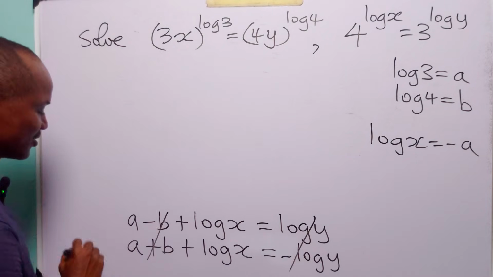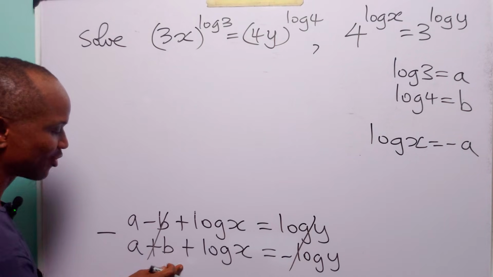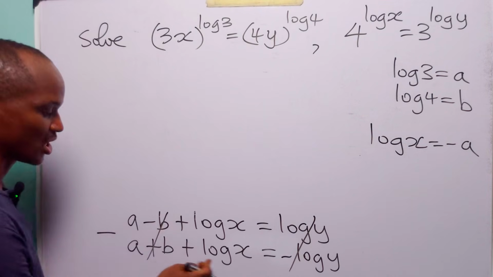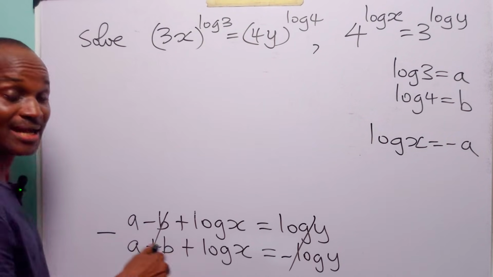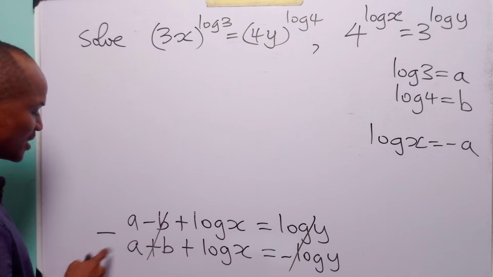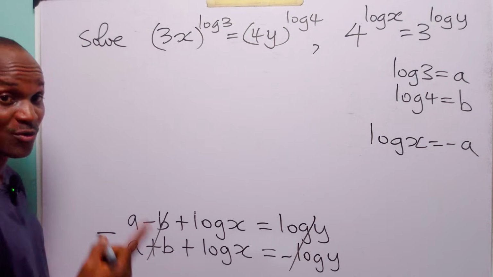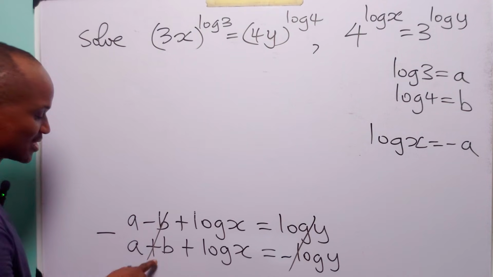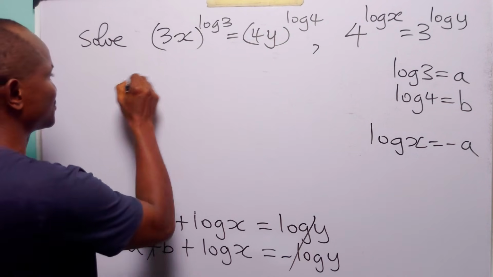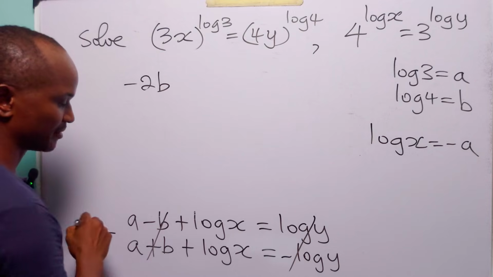And in the same way, notice that when we subtract this second equation from the first equation, we are going to eliminate log x, because log x minus log x is equal to 0. When we do that, we have a minus a, which is equal to 0. We have minus b minus plus b, which is equal to minus 2b.